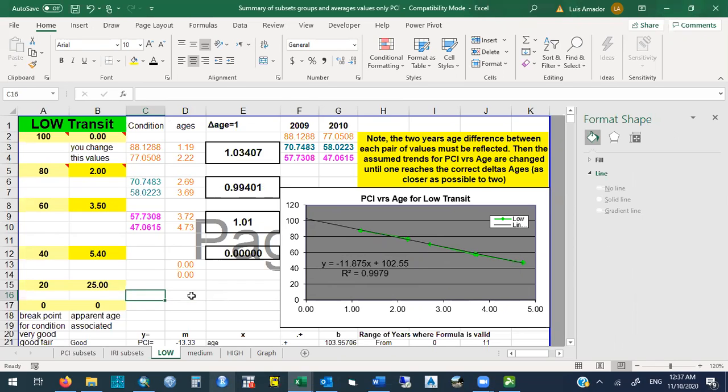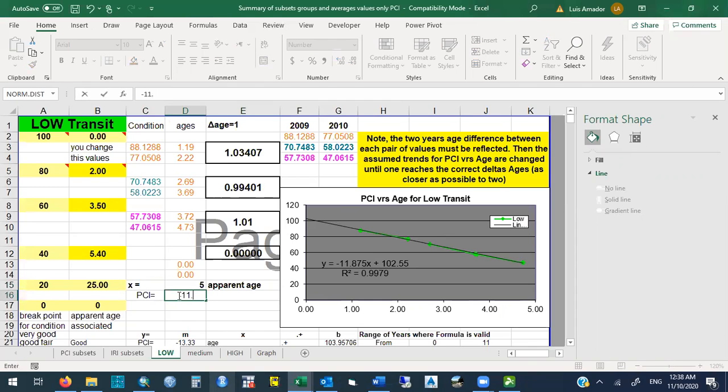So the PCI 40 is almost at 5, I would say, right? What happens if I put a 5? Let's put here PCI equals, and X is my apparent age. So let's put 5 minus 11.875 times that plus 102.55.